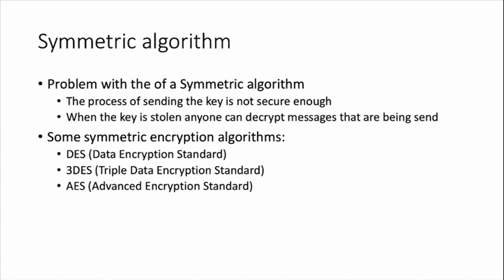A second problem is that for the second person to decrypt the data, the key needs to be transferred through a secure channel. So if an attacker listens in at the start where Bob and Alice decide on a key, the attacker could then decrypt all the messages that Bob and Alice send to each other.